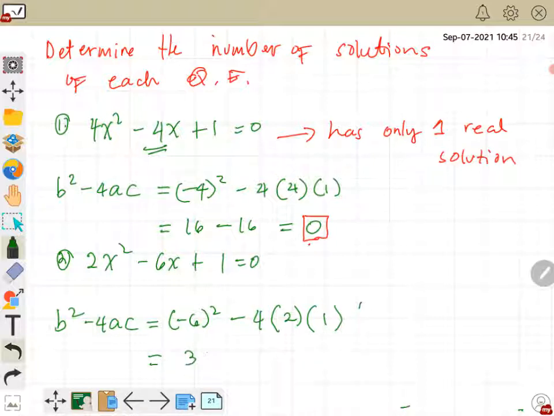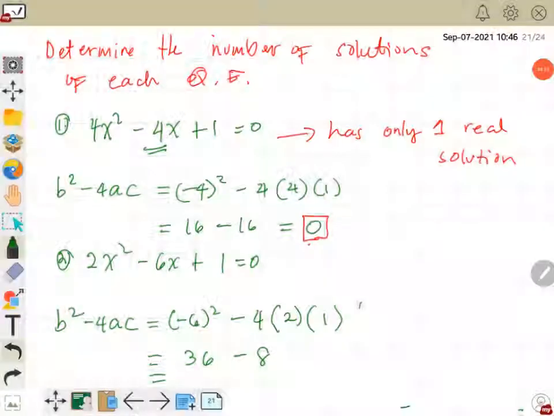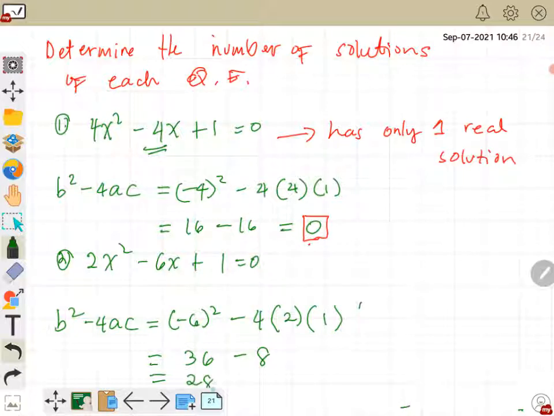This is 36, the negative 6 squared, minus 4 times 2 times 1, that is 8. So 36 minus 8 gives us 28.